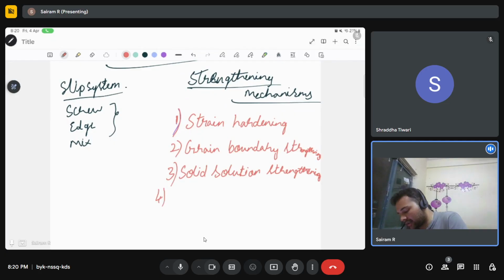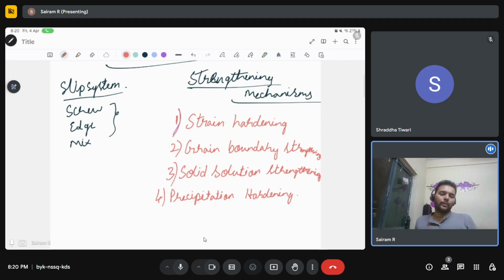And then the fourth one would be precipitation hardening. All right. We saw these are the four major strengthening mechanisms for any given alloy.